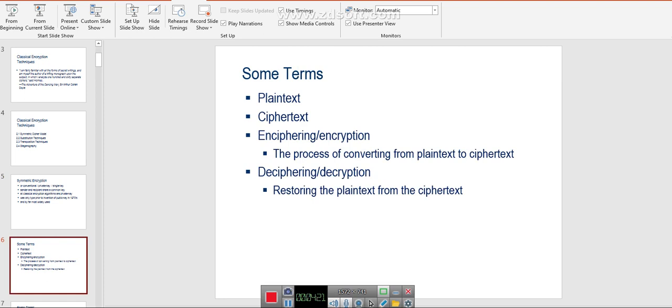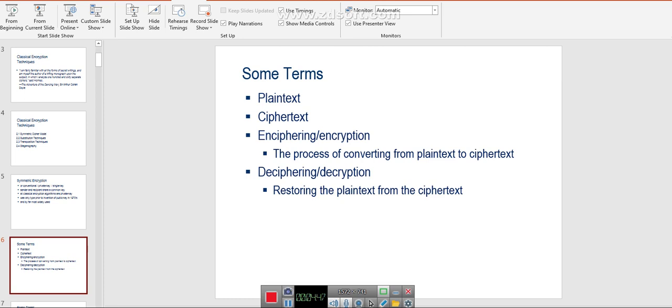We're going to be using the terms plain text, ciphertext, encryption, as well as decryption a lot. Plain text is simply the message that you want to convey, send, or transmit from a sender to a receiver, or from the sender to the recipient.